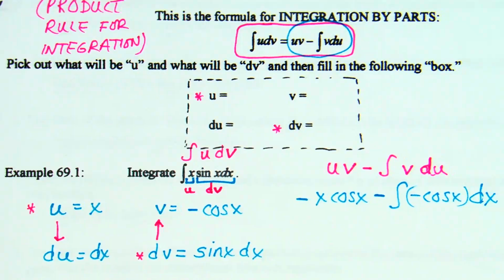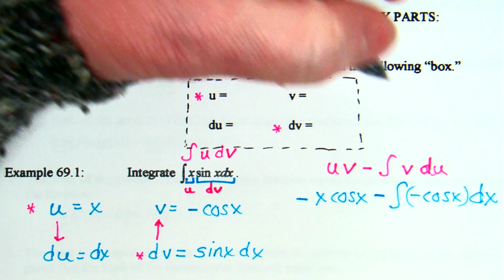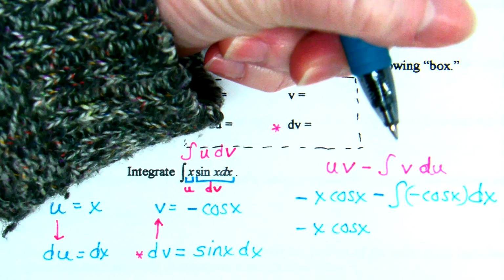Okay. Can we work with this? The negative x cosine x is just there. That's part of your answer. Can you integrate what ended up in my integral? So can you integrate negative cosine x? That's doable, yes? Okay, so we have something that we can work with. Success here. We just have to finish it off. Negative x cosine x is going to stay negative x cosine x.